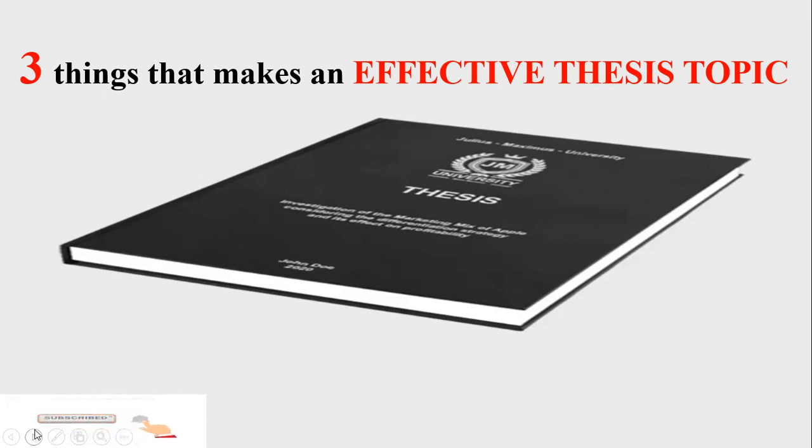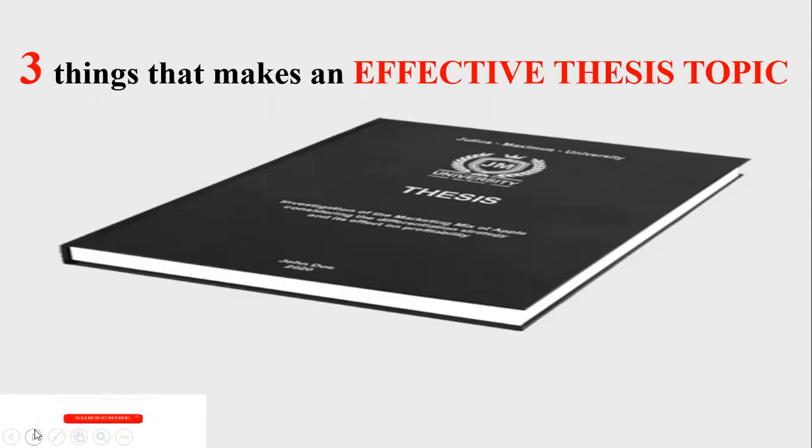You must know these things to make your thesis topic effective. When these things are added to your thesis topic, it becomes more effective, and your supervisor would be very happy to see your thesis topic.